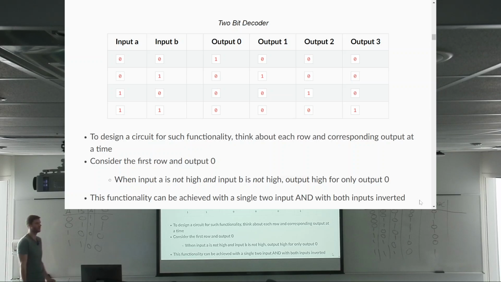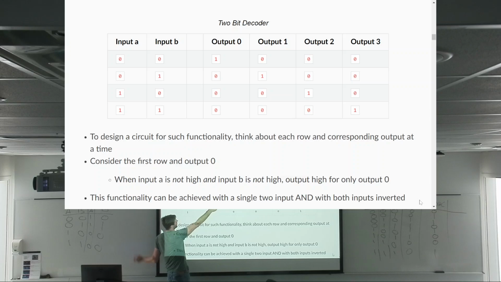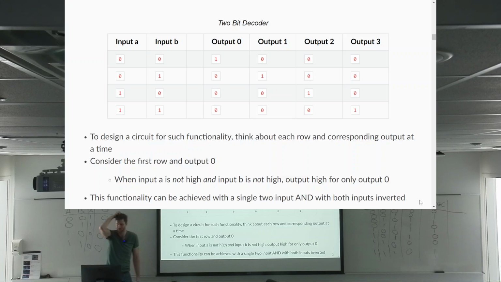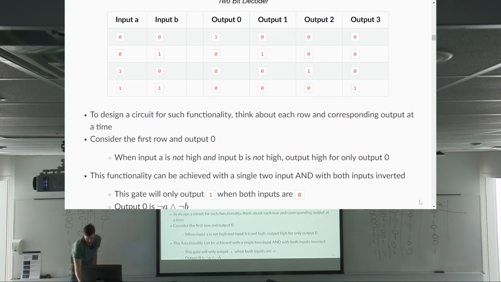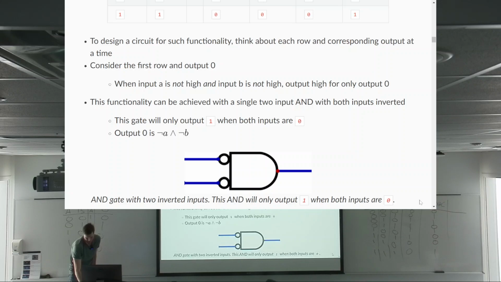Well, this functionality can be achieved with a single 2-input AND gate with both inputs inverted, right? 0 inverted is 1, 0 inverted is 1, and together we get that. In fact, that would actually work for all of output 0. So that's an AND gate.